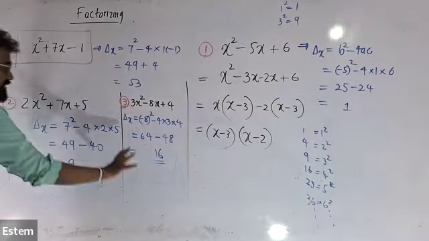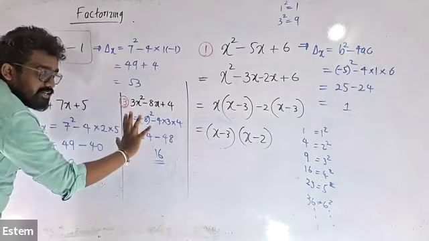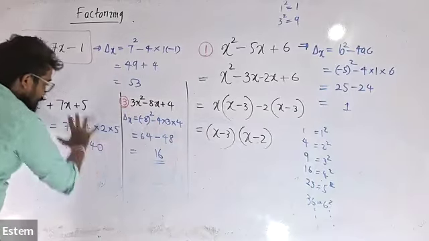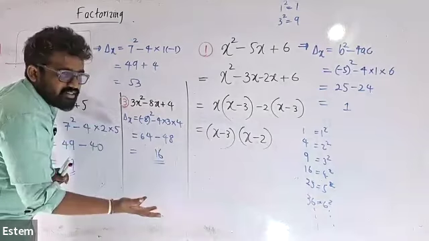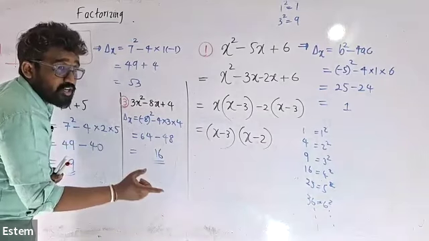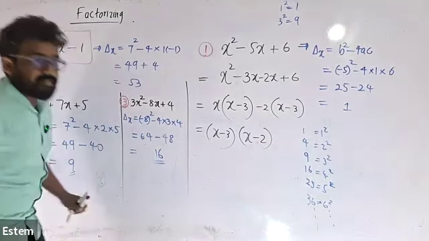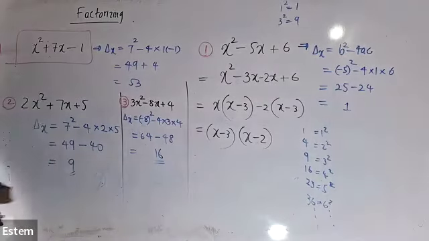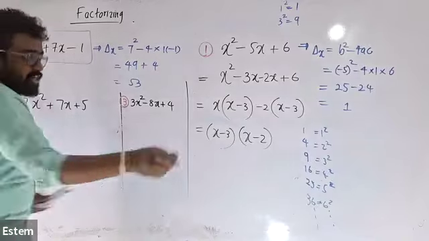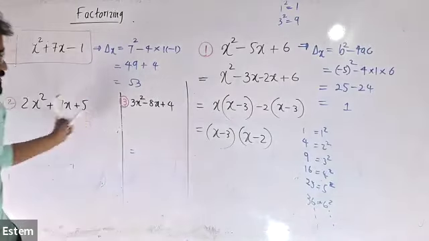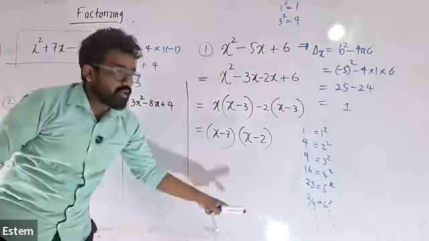In the second and third, don't get the discriminants. You now know how to get discriminants, so what should you do? Factorize. Okay, factorize these. Hurry up. You can see these can also be factorized in this way. Okay, hurry up.